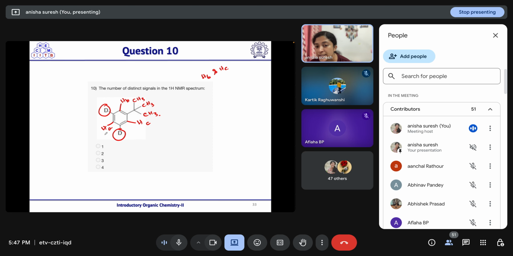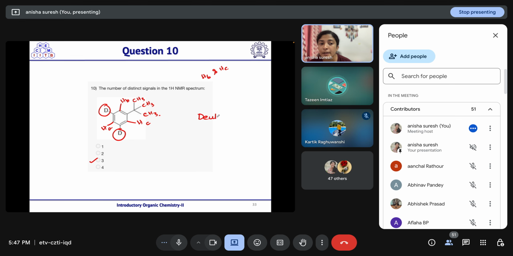So this is one signal, these two will appear as the second signal, and these 9 protons will appear as the third signal. So a total of 3 signals can be found in the proton NMR spectrum. Clear?